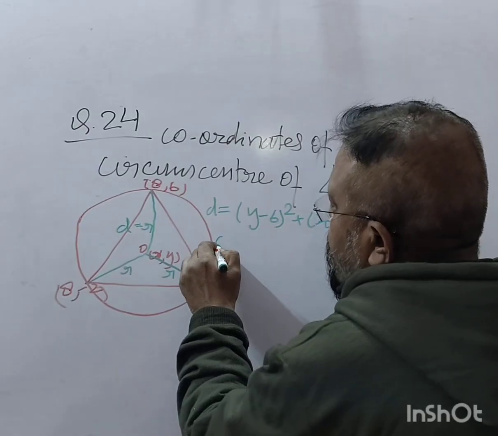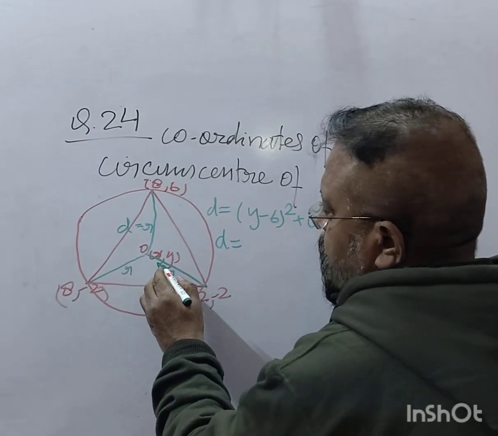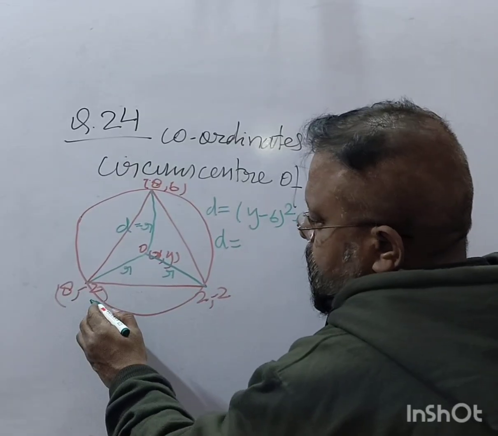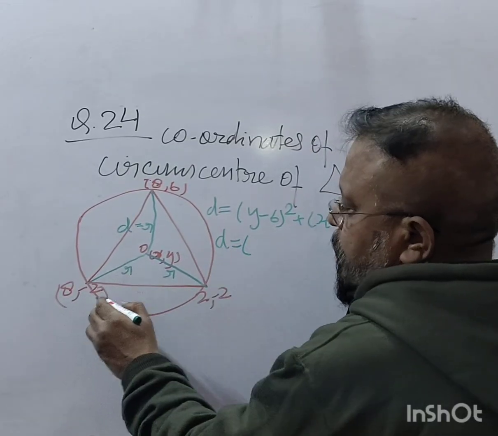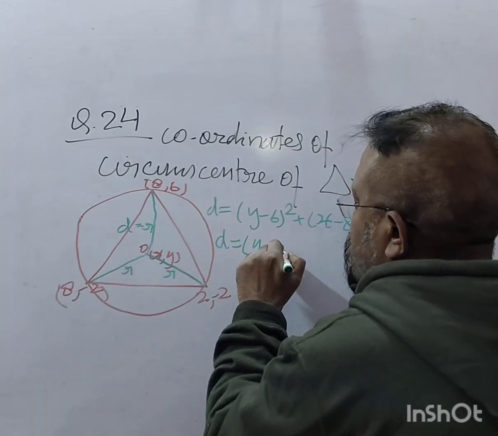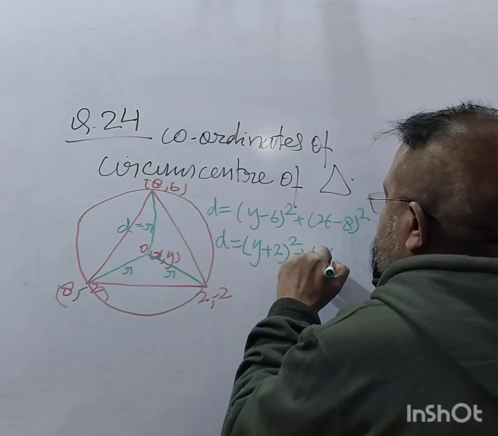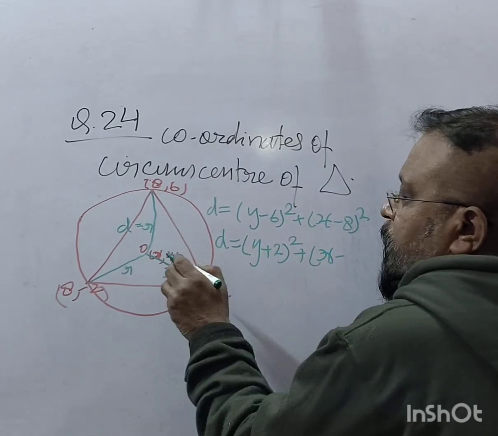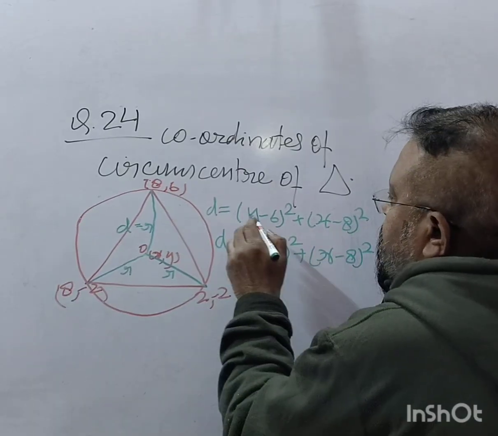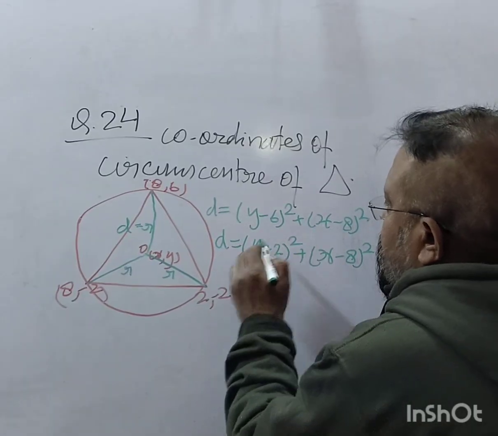And then we have d equal to y plus 2 whole square plus x minus 8 whole square, right? If you equate all these, then what do you get?